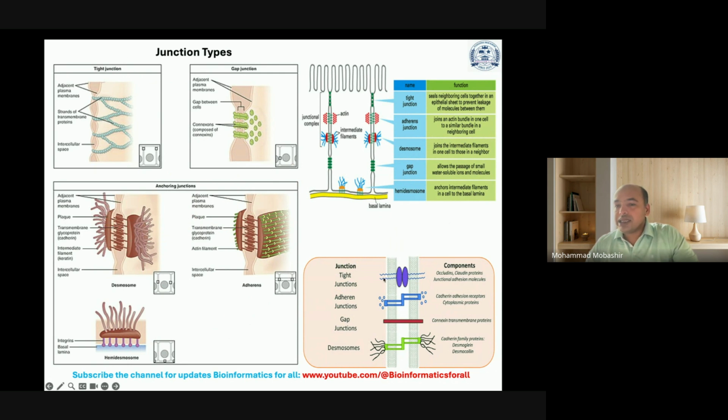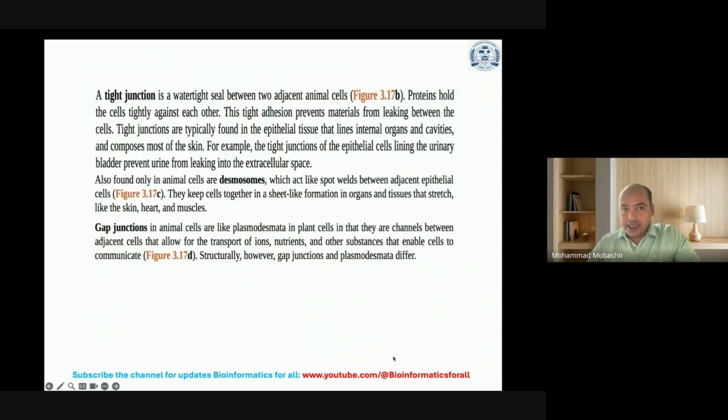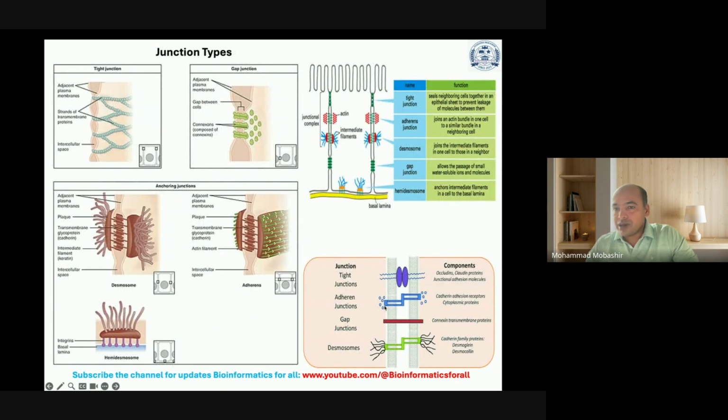Now you can see these junctions with their components in a separate figure. For example, tight junctions: occludins, claudin protein, junctional adhesion molecules; then adherens junction: cadherin, adhesion receptors, cytoplasmic proteins; gap junction: connexin, transmembrane proteins; desmosomes: cadherin family proteins, desmoglein, and desmocollin.